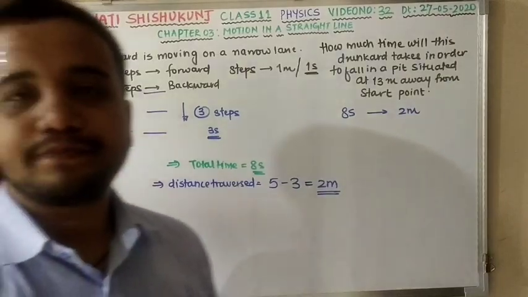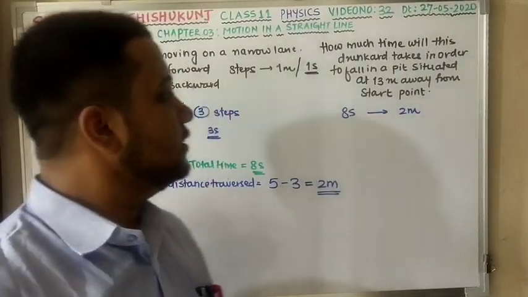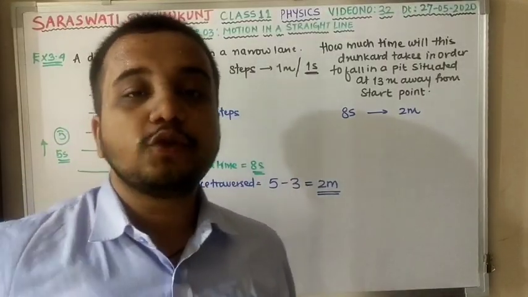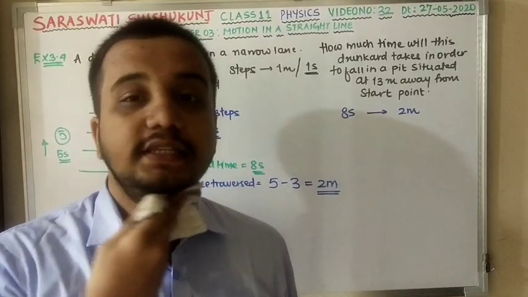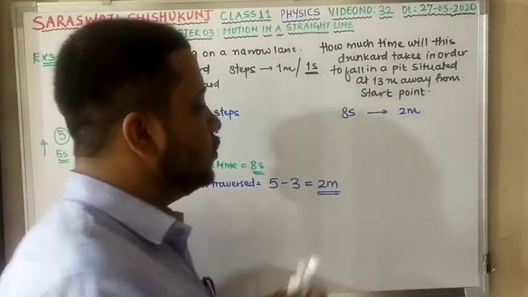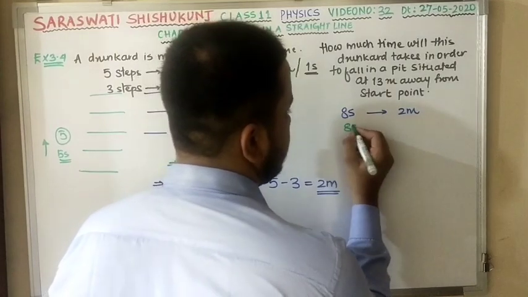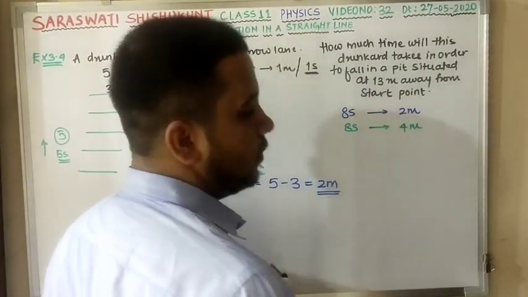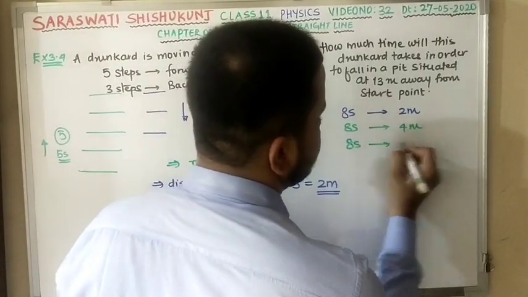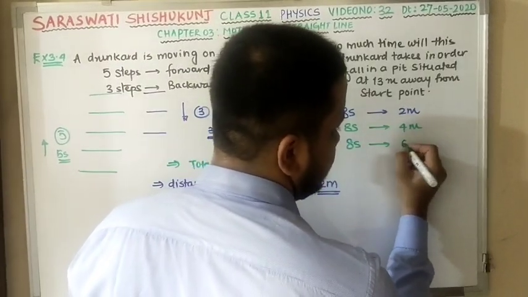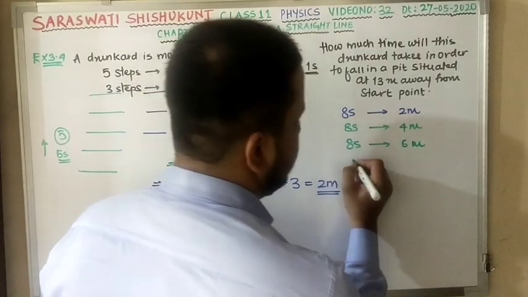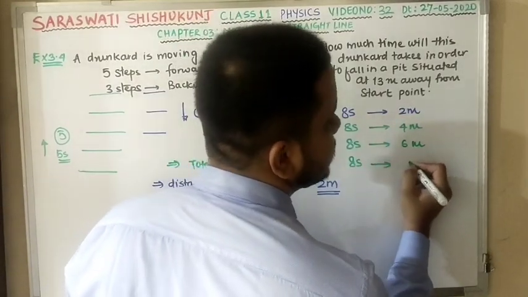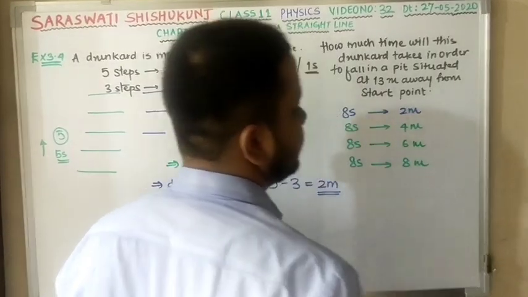Till this clear? Remember one thing, for these 8 seconds, if the distance covered is 2 meters, you will be able to notice that for the next 8 seconds, the distance will be how much? 4 meters? Yes or no? For the next 8 seconds, the distance will be how much? 6 meters? For the next 8 seconds, the distance will be how much? 8 meters?